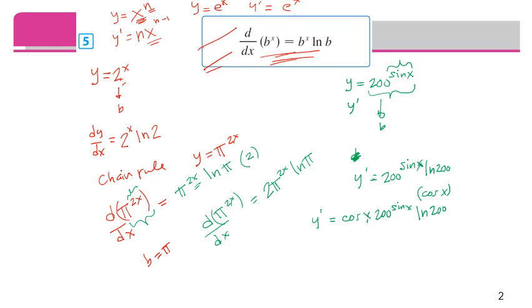And so finally, last example, for y is equals to 3 to the cosine of 2x. So what is y prime?